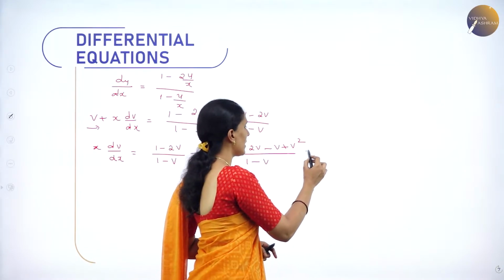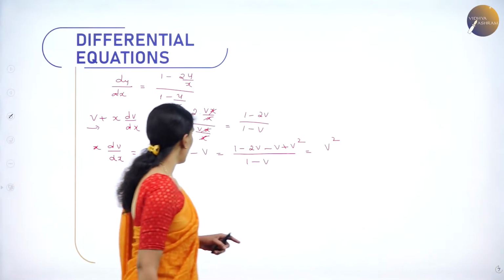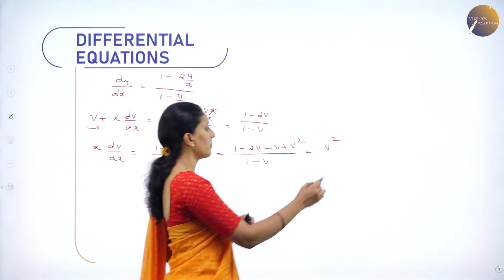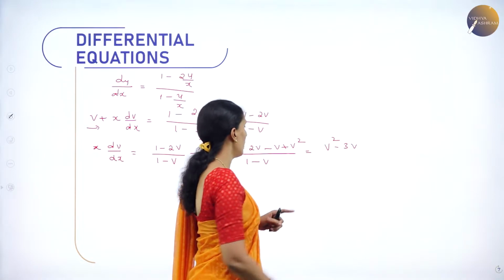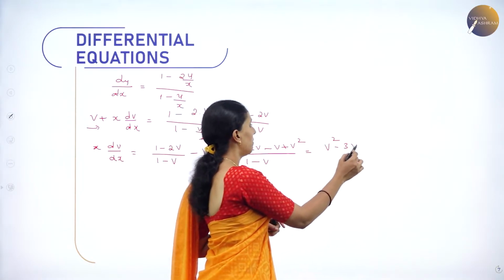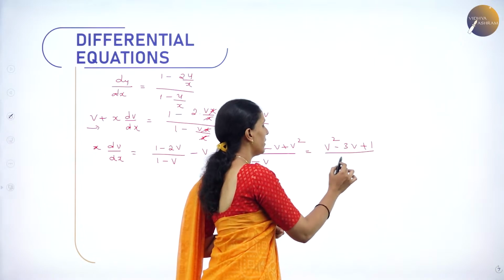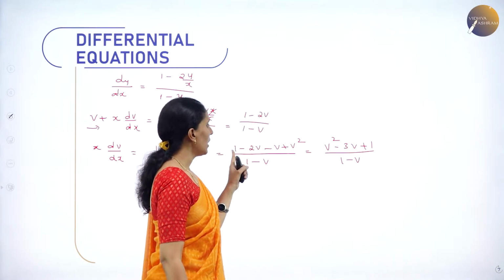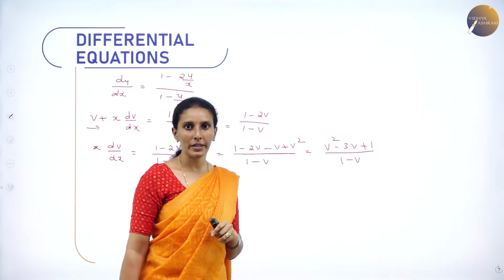Or I can write this as v square, and here I have already minus 2v. Minus 2v minus v becomes minus 3v. And here we have plus 1 divided by 1 minus v. So we got v square minus 3v plus 1 divided by 1 minus v.